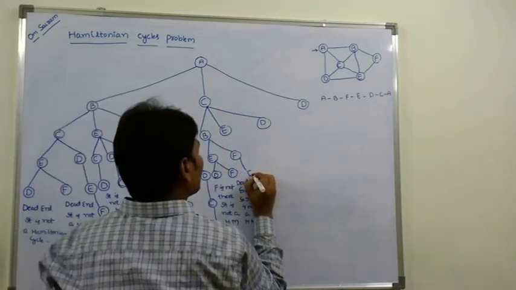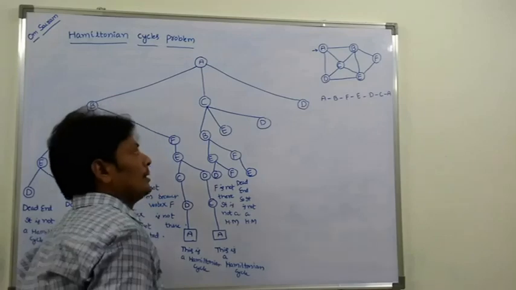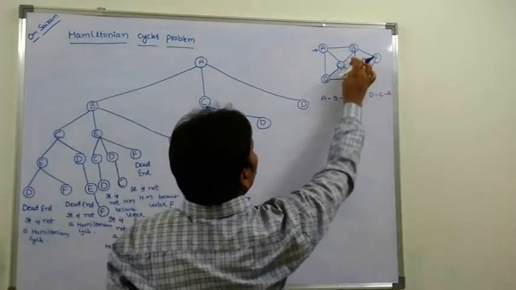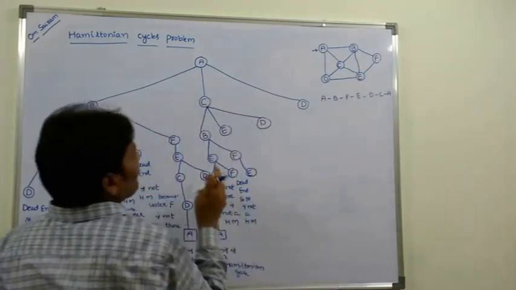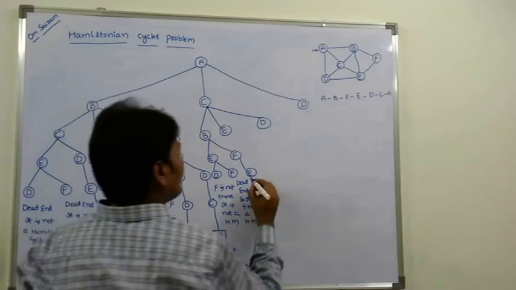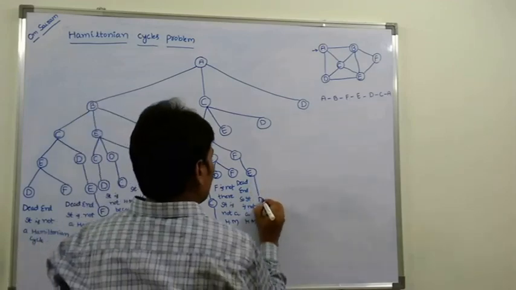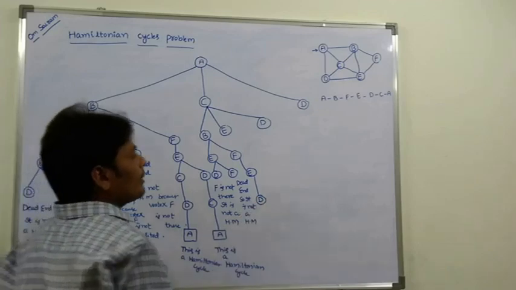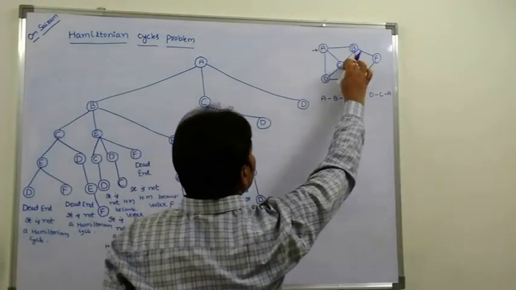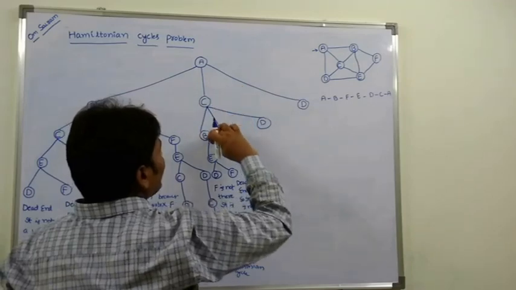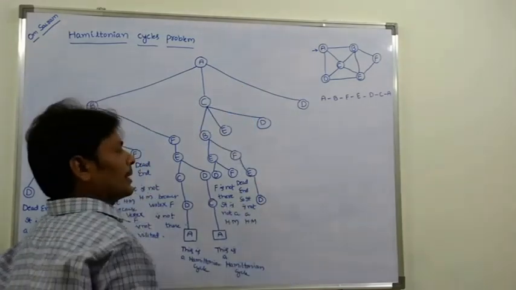Now consider vertex E. Next, what are the adjacent nodes for vertex E? B, C, D, F. B, C, and F are already visited, but D is not. Now consider vertex D. What are the adjacent nodes? A, C, E. A, C, and E are already completed.